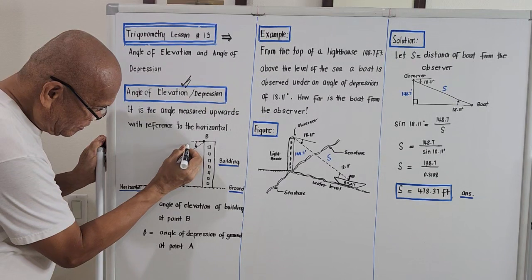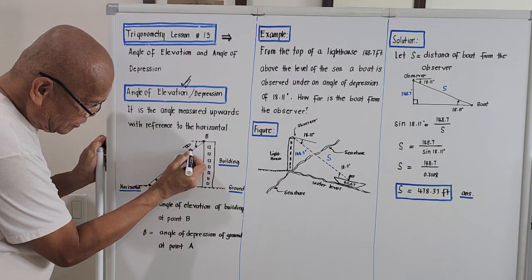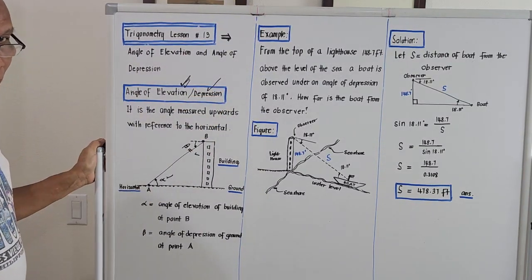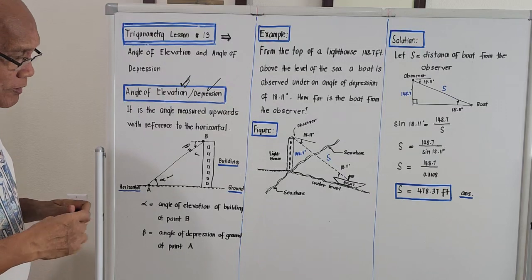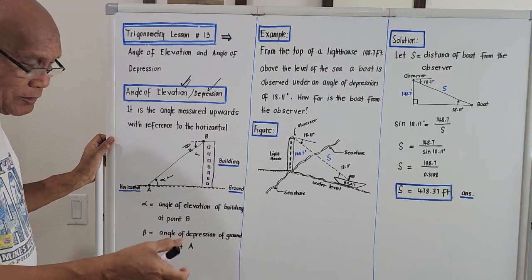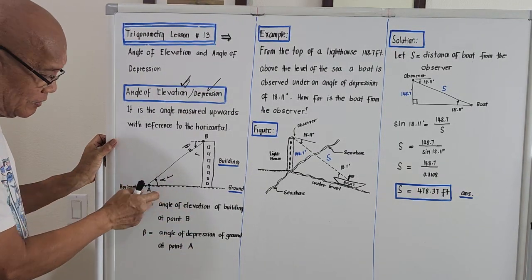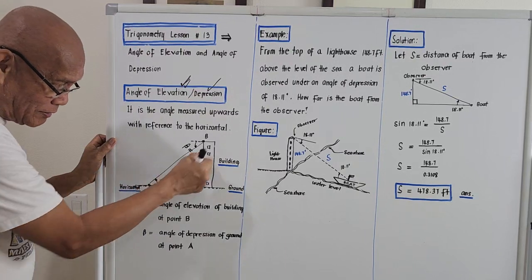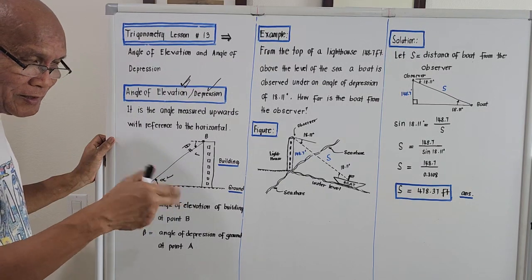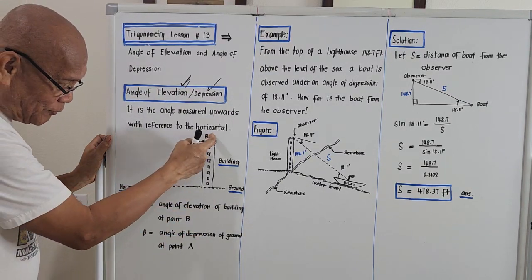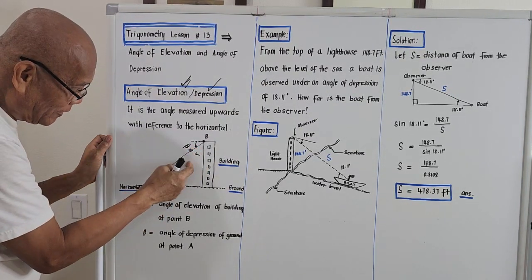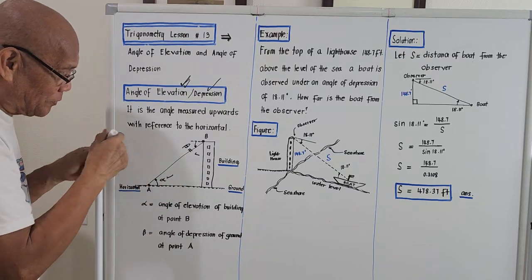This angle beta is termed the angle of depression. That's the difference between angle of elevation and angle of depression. For it to be called an angle of elevation, the observation point should be lower than the point being observed. And for the angle to be taken as angle beta, the observation point should be higher than the point being observed, and we call it angle of depression.